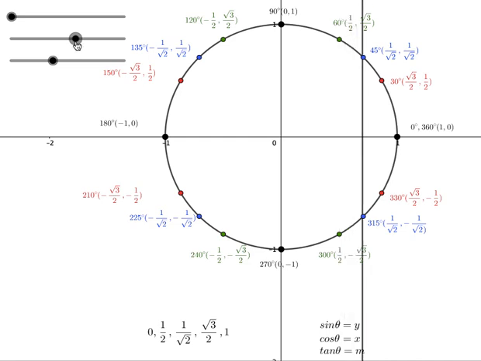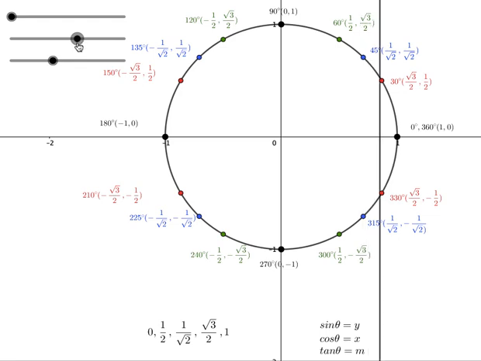Cosine theta is equal to 1 over root 2 at 45 and 330. Cosine is equal to root 3 over 2 at 30 and 330. So really, root 3 over 2 I know is very close to 1, so it's going to be very far over to the right since I'm talking about horizontal.